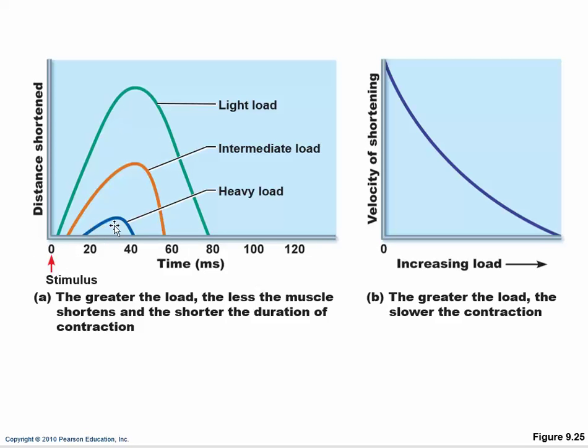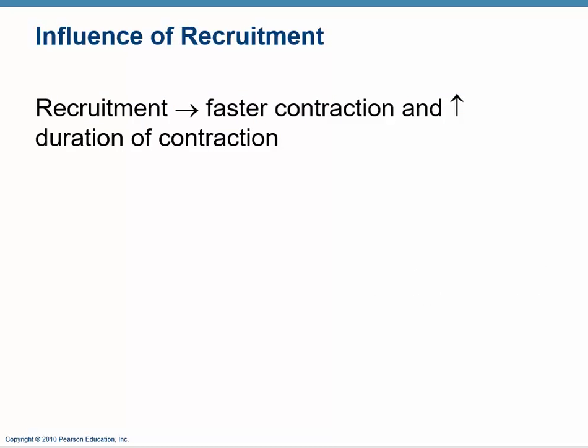Whereas a heavy load takes longer before you can move it, and you can only do it for a shorter period of time. That just makes sense. If you can recruit more, you counteract this effect.